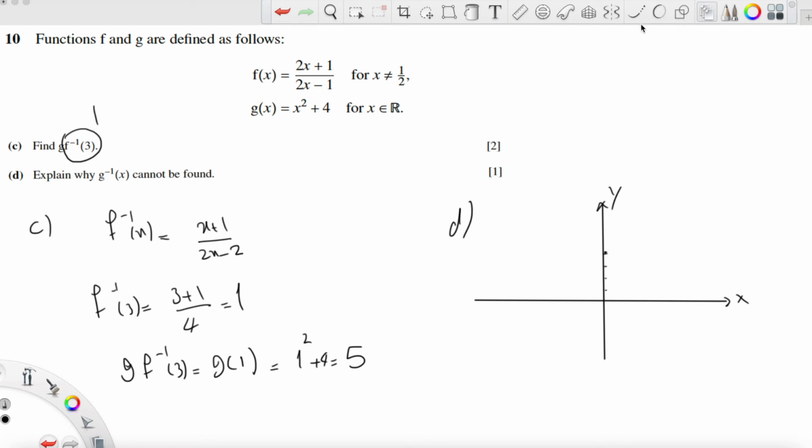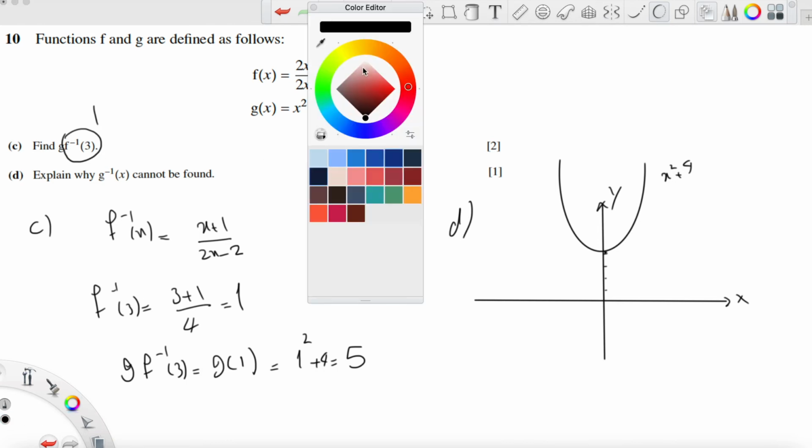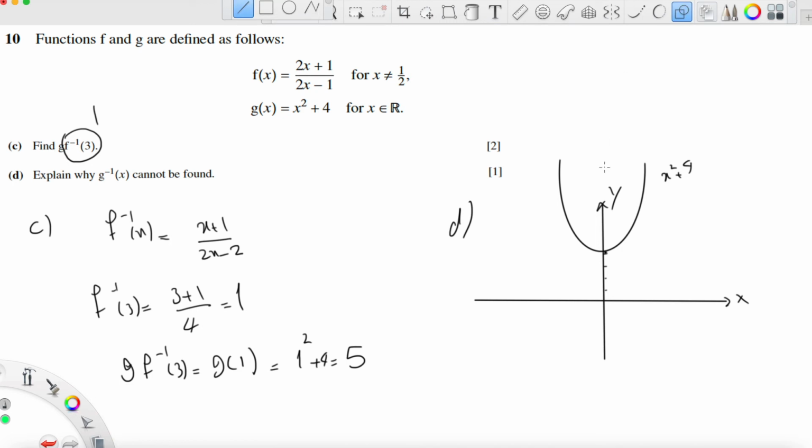It has actually such a shape. You clearly see that if you construct a horizontal line, it cuts twice, so it is not one-to-one. That's why it's not invertible actually.